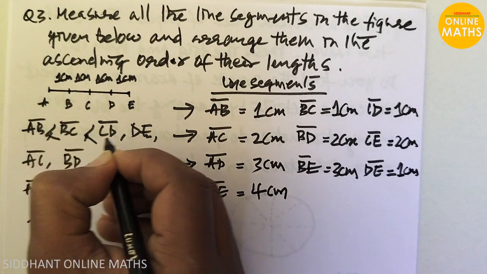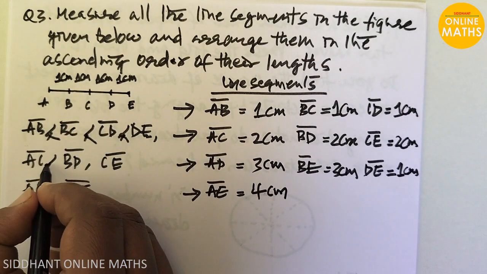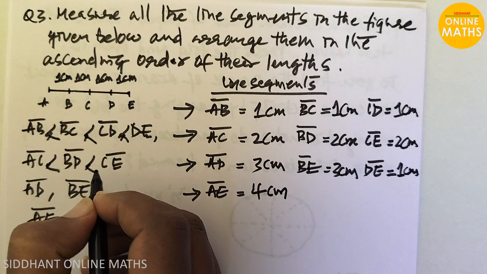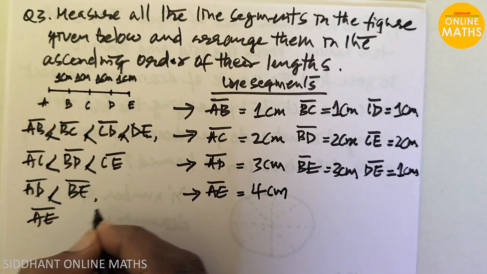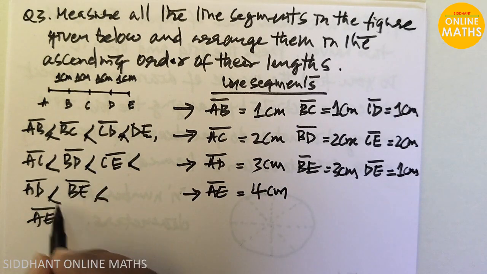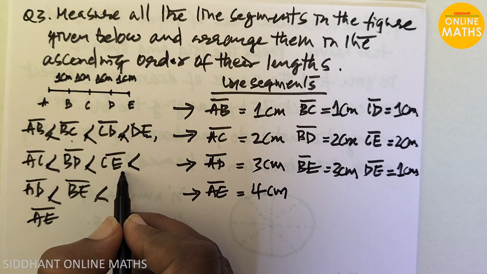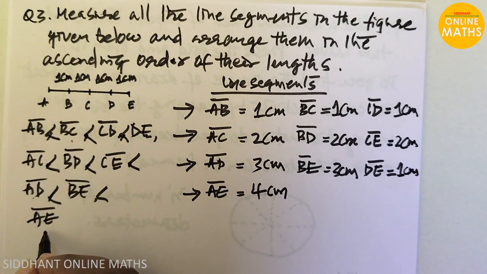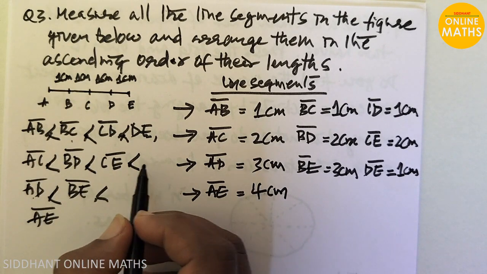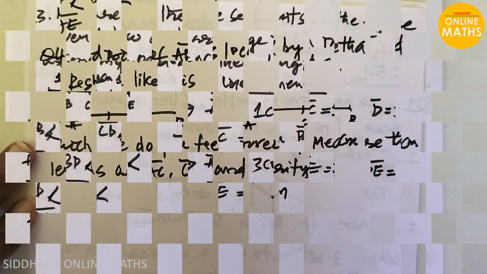If you keep this symbol, you can also write the arrangement of these dimensions. So lastly you are going to see the order AB, BC, CD, DE, AC, BD, CE, AD, BE and AE. So this is the ascending order of these particular dimensions.